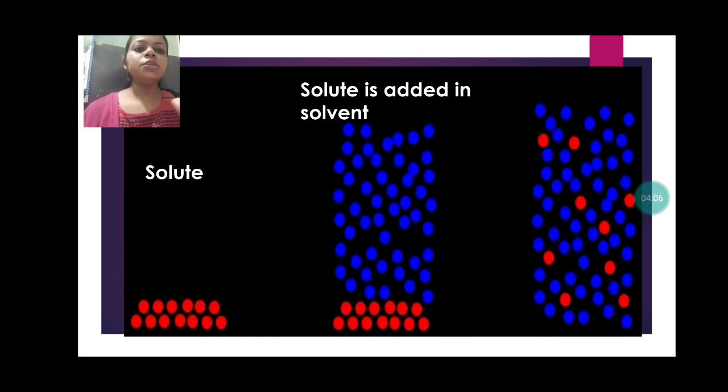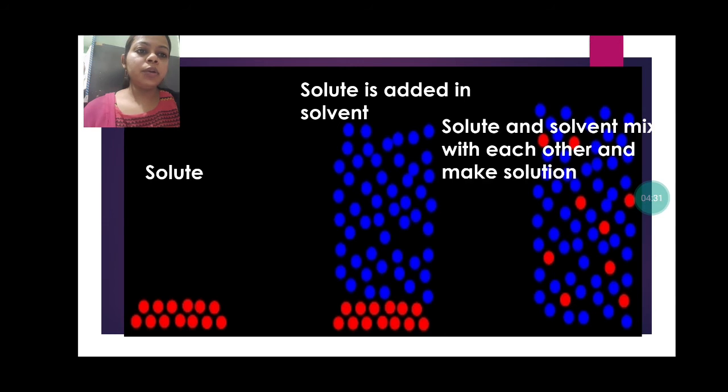The blue particles you are seeing are the molecules of the solvent, suppose of the water. After some time these molecules of the solute and the molecules of the solvent mix with each other, and whatever space is provided in between the molecules of the solvent, the molecules of the solute take that empty space. Okay, and after some time it is mixing so nicely.